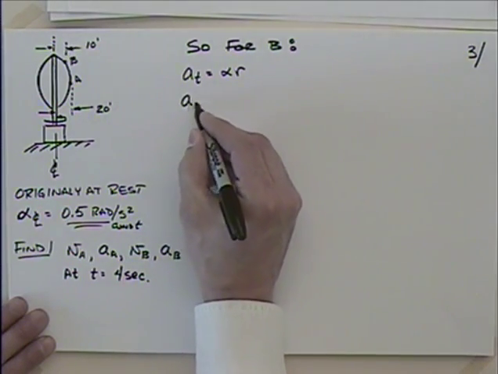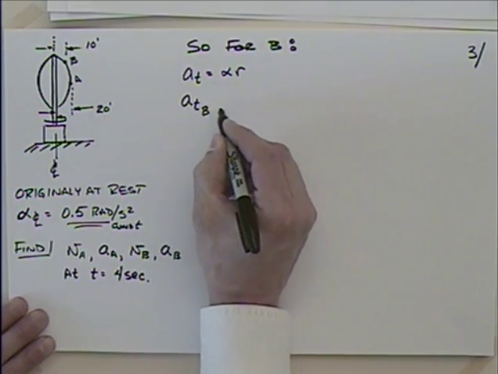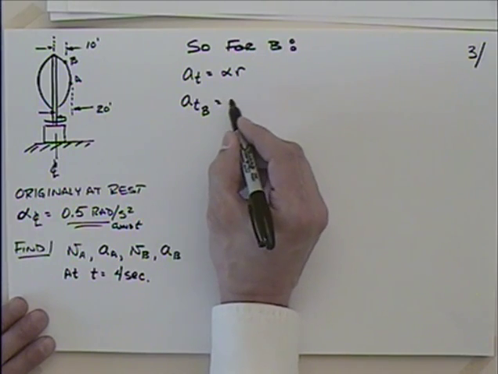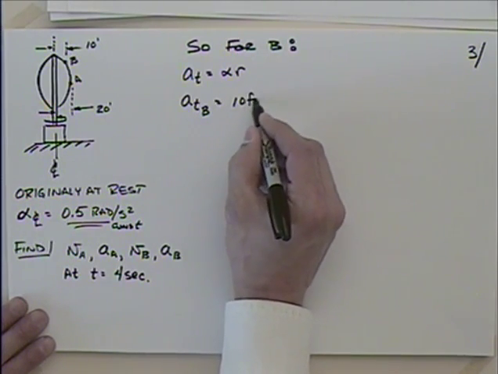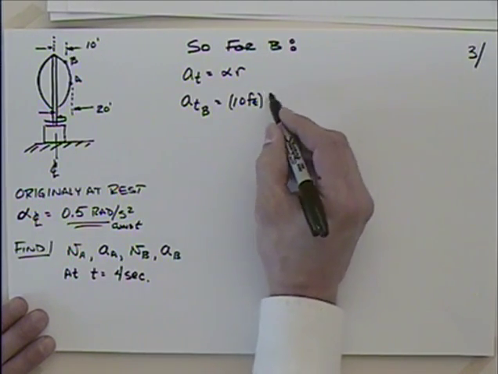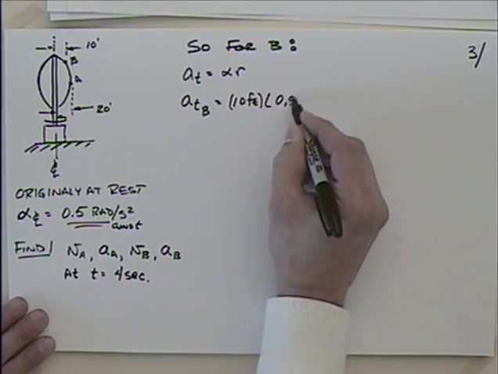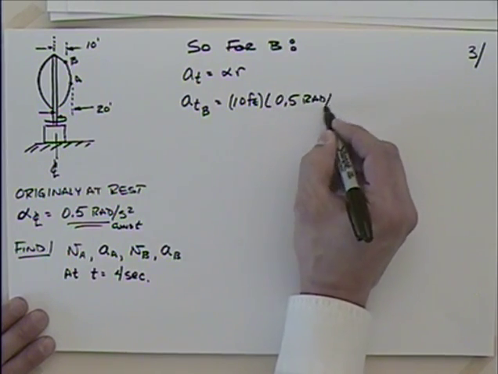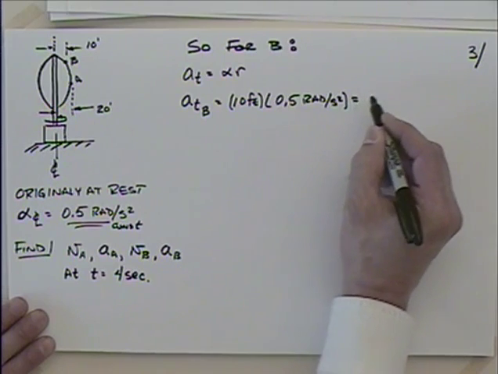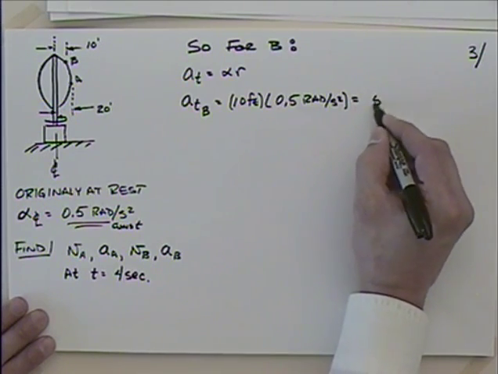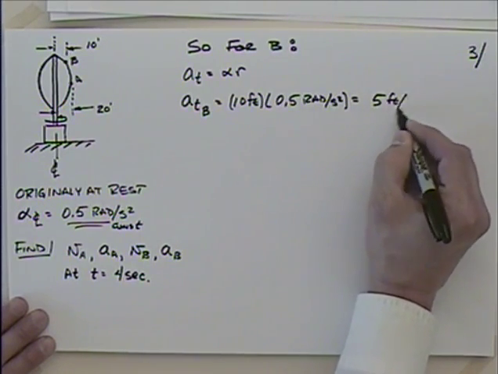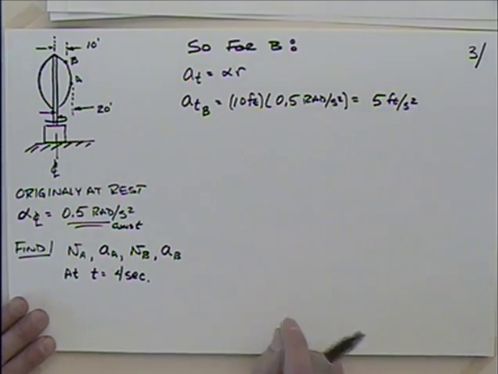So the tangential acceleration for point B would be equal to 10 feet, that's r, times alpha, which is 0.5 radians per second squared. So this turns out to be 5 feet per second squared. Okay. So that's the tangential acceleration at B.